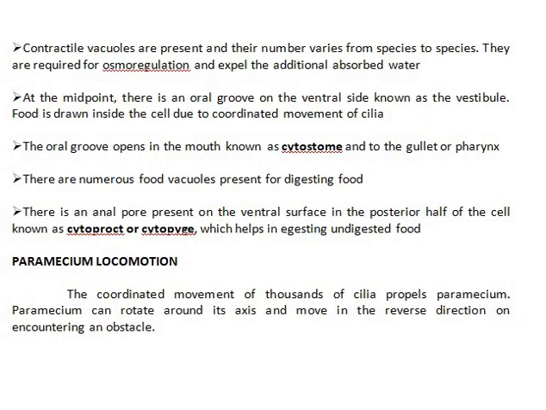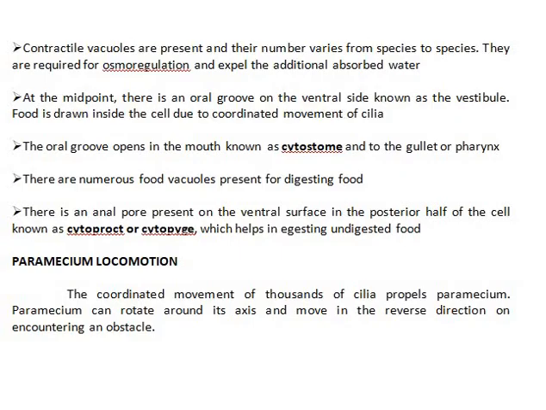At the midpoint, there is an oral groove on the ventral side known as the vestibule. The food is drawn inside the cell due to the coordinated movement of cilia. The oral groove opens into the mouth known as cytostome and to the gullet or pharynx.